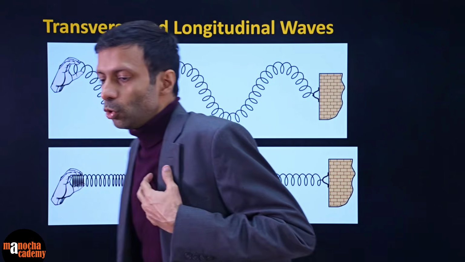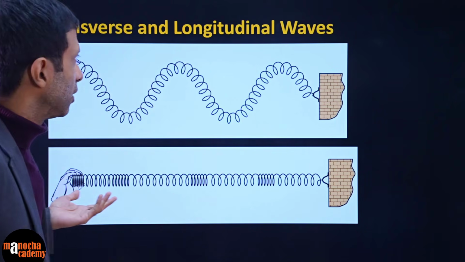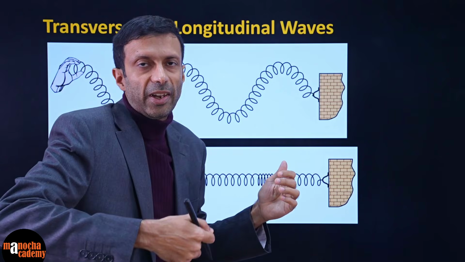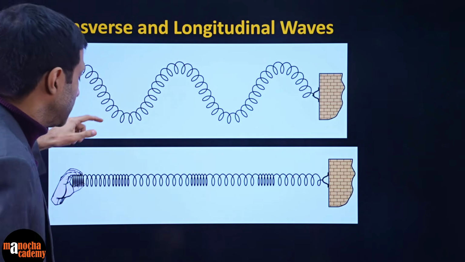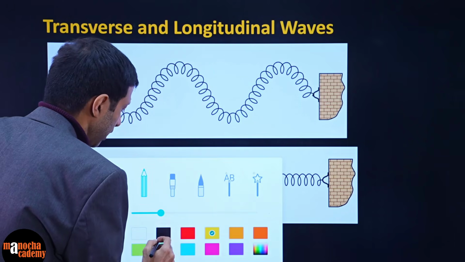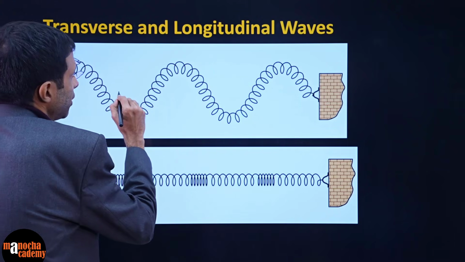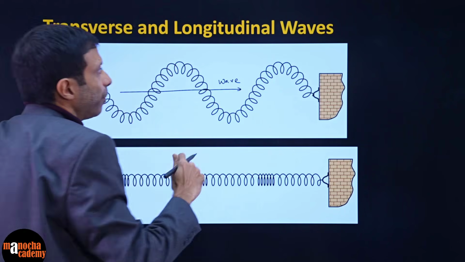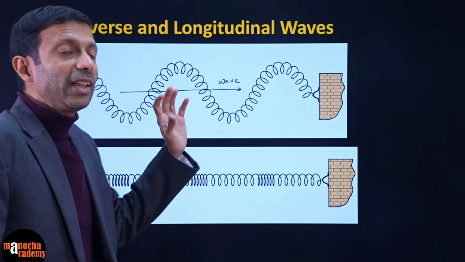Now you know transverse and longitudinal waves. Remember, in a transverse wave, like if you take a string or this slinky over here, the wave travels this way, but the particle oscillation, here we are taking mechanical waves where there are particles, is perpendicular to the direction of the wave. In electromagnetic waves, we'll talk about how there are no particles.